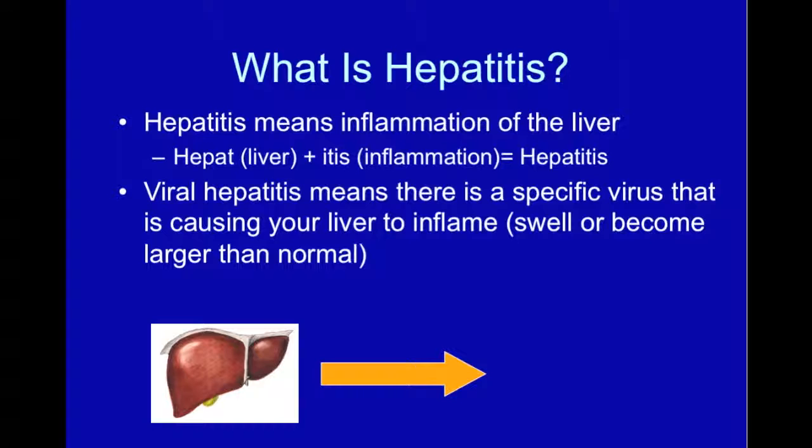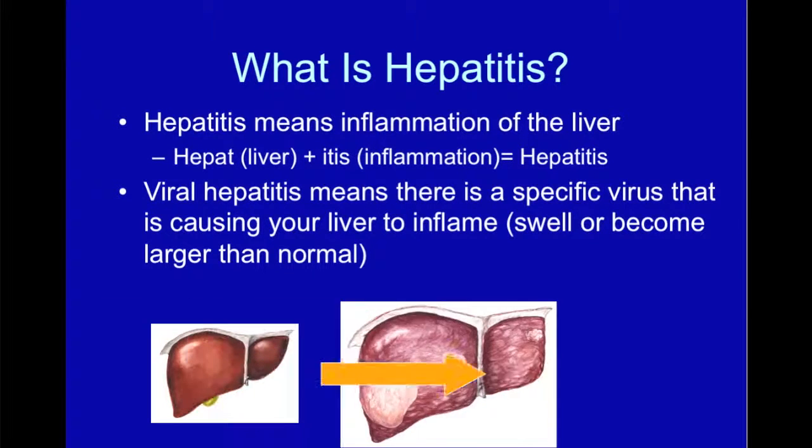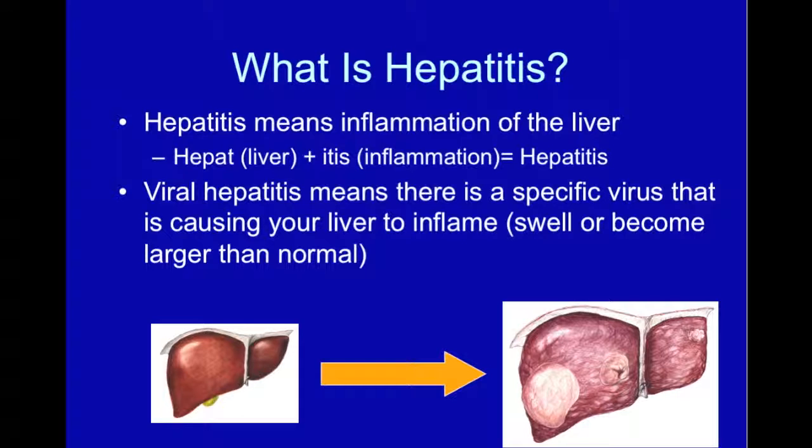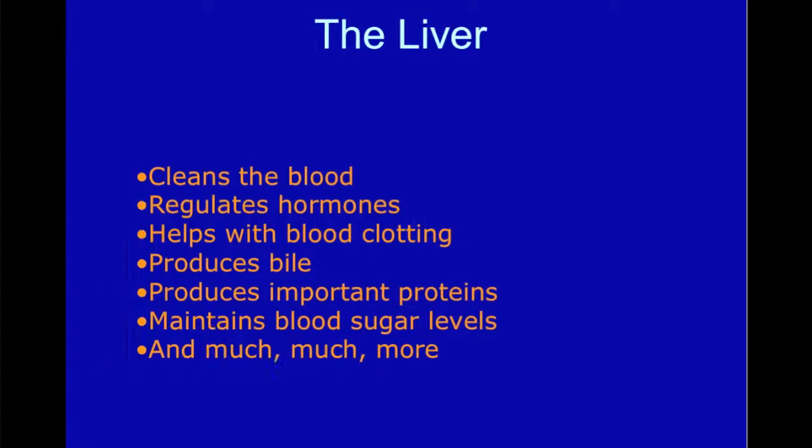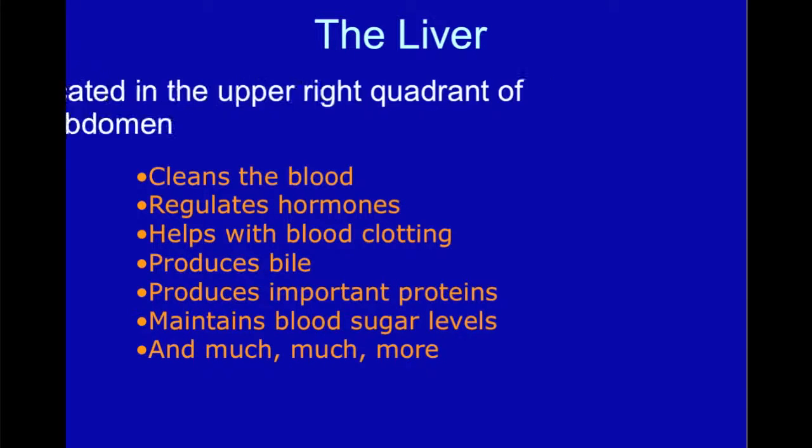That's a picture of the normal liver on the left at the bottom of the slide, and that's one later in stages of hepatitis with the scarring. We'll talk about some of the basic functions of the liver. It cleans the blood, it regulates hormones, helps with blood clotting, produces bile, it produces important proteins, it maintains blood sugar levels, and multiple other functions as well.